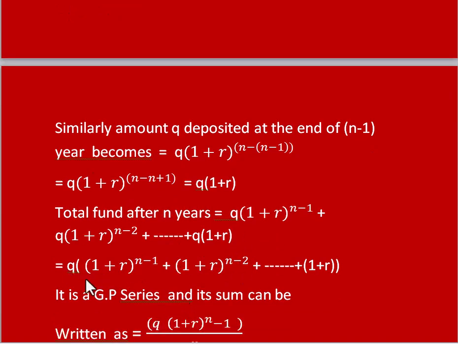Then after simplification further, taking Q as common, we get 1 plus R whole power n minus 1 plus 1 plus R whole power n minus 2 and so on, plus 1 plus R.